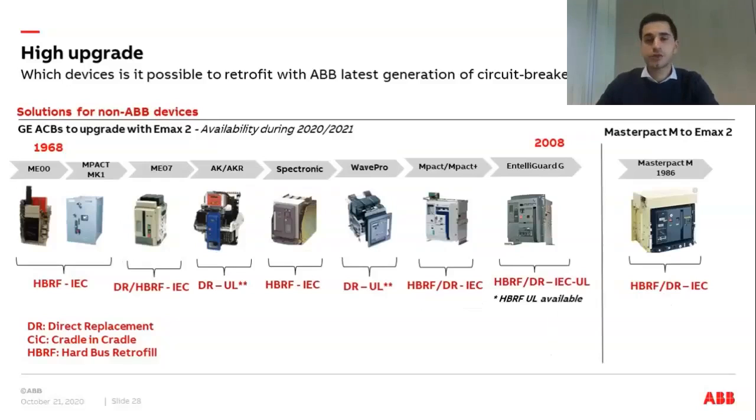After the integration with General Electric at the end of 2018, as a service, we started working to develop solutions in order to retrofit GE legacy breakers with Emax2, and now the solutions are ready to be launched by the end of next year. We also have solutions to retrofit, in terms of ReBus retrofit and direct replacement, for Masterpact.